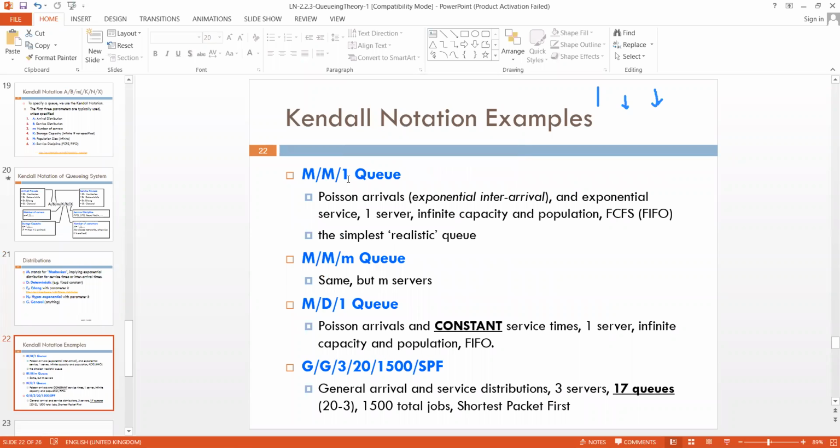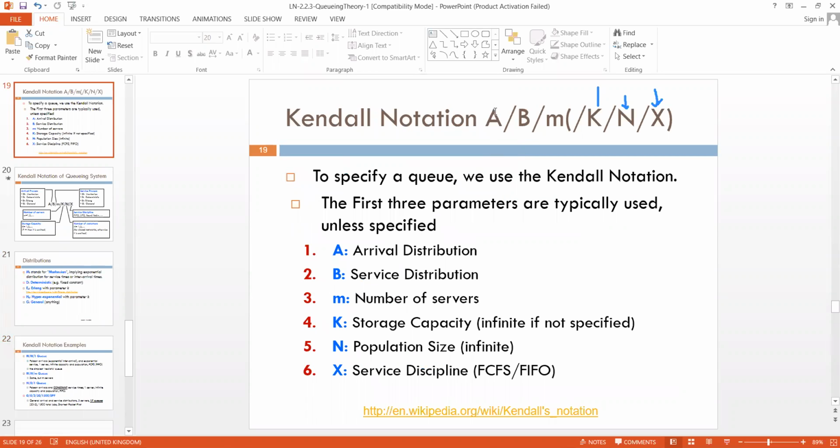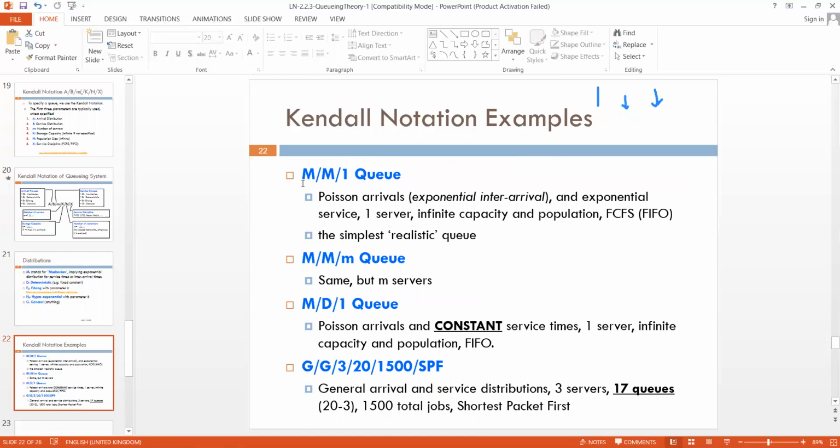So for example, if you have M/M/1, like we said, the first one here, A, is supposed to be what? Arrival. B is supposed to be service. Then the third one here is supposed to be the number of servers. So if you have M here, then we are talking about the Markov arrival.